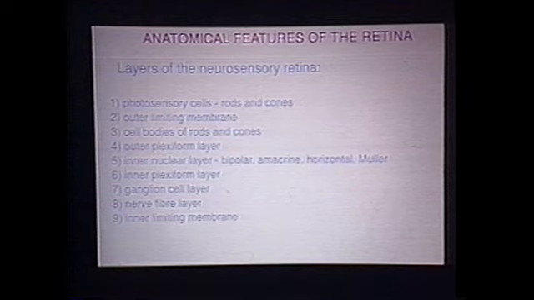This slide shows the normal anatomy of the neurosensory retina and shows the 9 layers from the photosensory cells, the rods and the cones on the outside, to the ganglion cell layer on the inside, with an inner nuclear layer in the middle, composed of bipolar, amacrine, horizontal and Muller cells, the supporting cells, and plexiform layers in between.